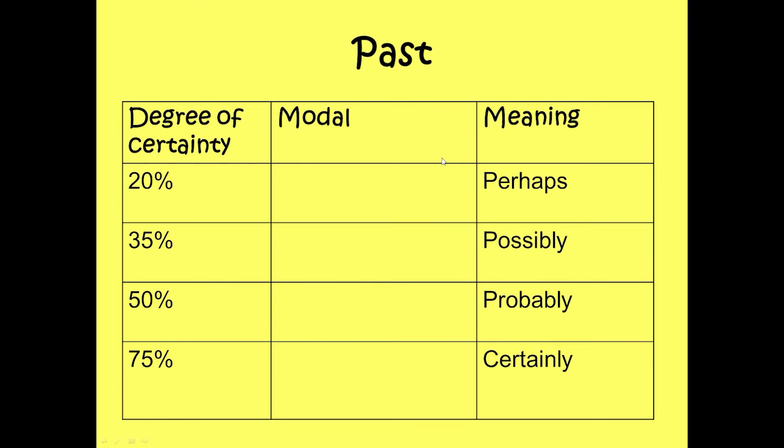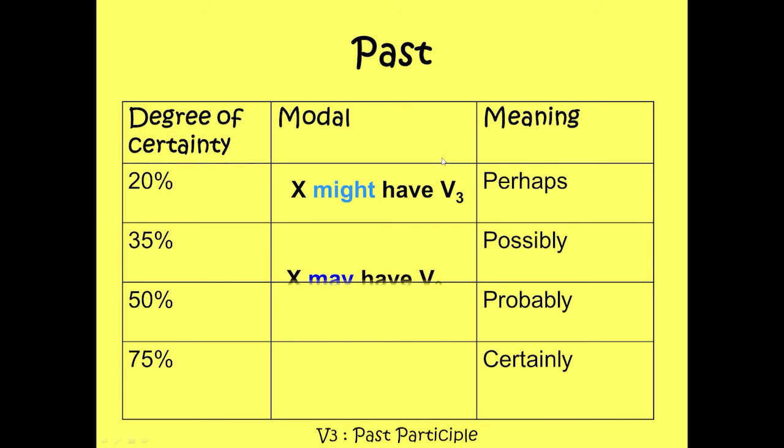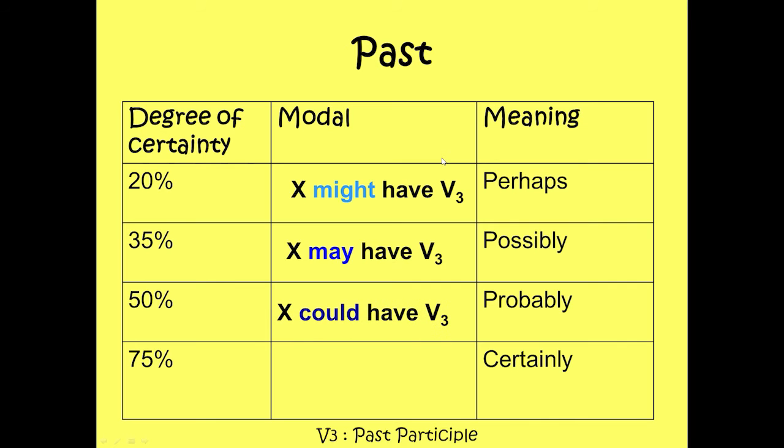If it is very, very probable, you say might have plus V3, the past participle of the verb. If it is a bit more probable than that, you say may have plus V3, the past participle. A bit stronger in the expression of the degree of probability, could have plus past participle.